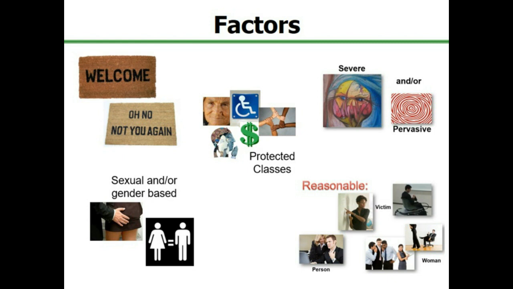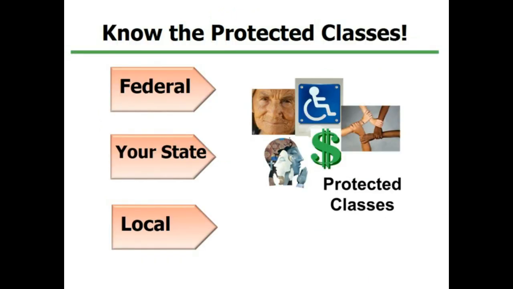So when we talk about a reasonable victim, it could be that Johnny is making overt racial or age or other discriminatory comments made because of somebody's protected class, or that Johnny is bullying them because of their protected class. And that is the nexus of the two forms of misconduct. So be sure you know the protected classes, okay?